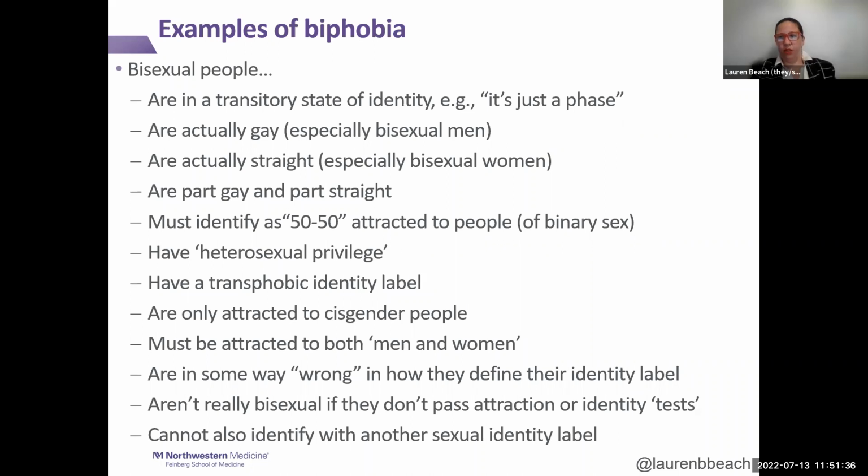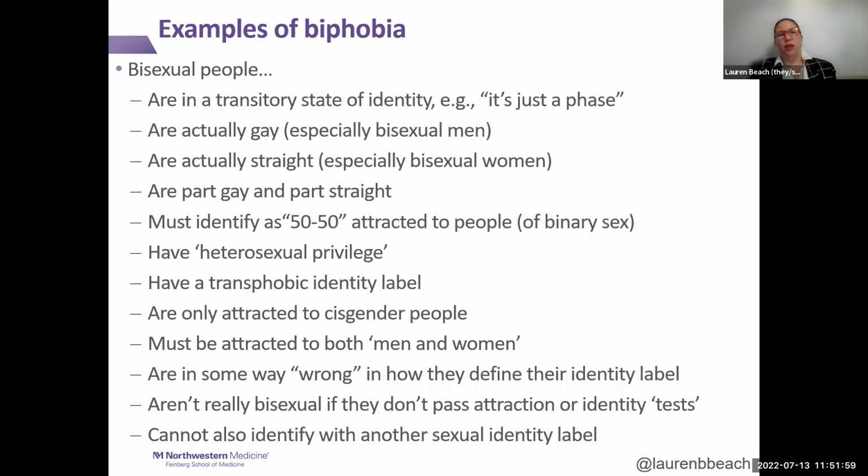Anyway, if we go back to the definition of bisexuality revisited in our very first lecture, bisexuality just means you're attracted to people of more than one gender. Somehow within that definition, some people think that you must be attracted to men and women as two of those genders.